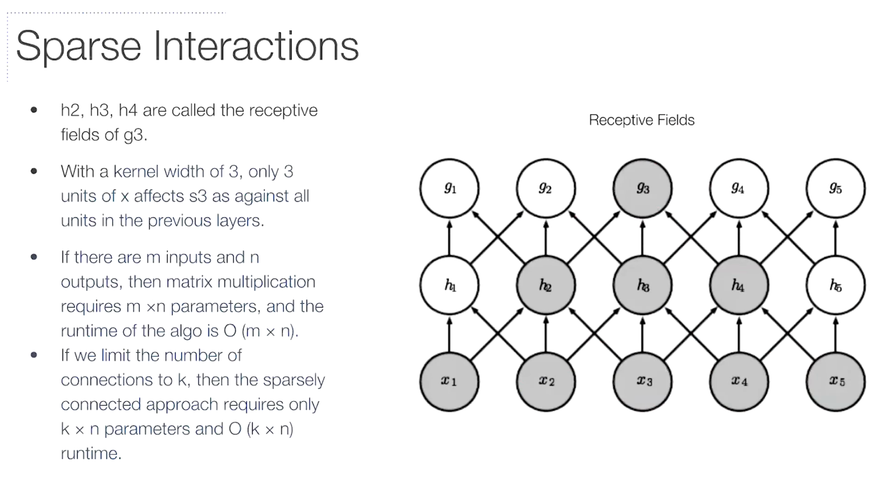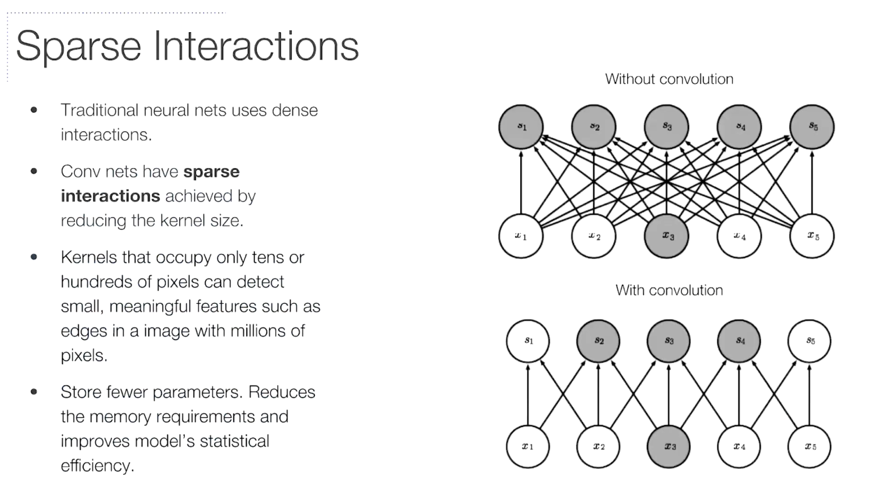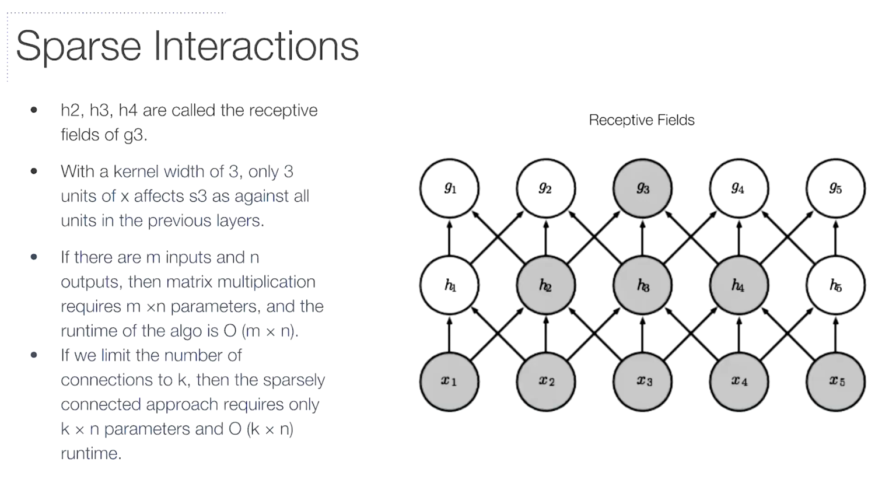There is also the receptive field. There's a projection and there's a receptive field for the sparse interactions. Take H2, H3, H4, sorry. If this is called the projection of this neuron from the previous layer to the next, then equally there is something called a receptive field.